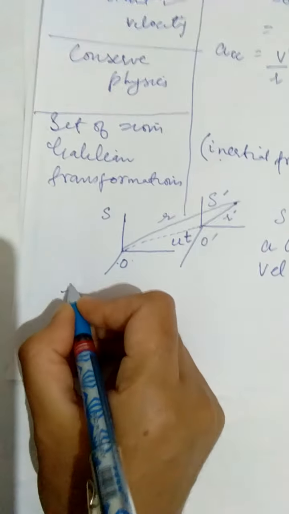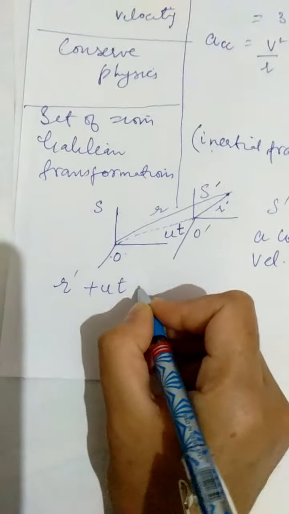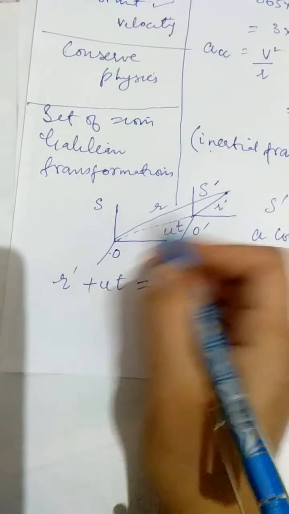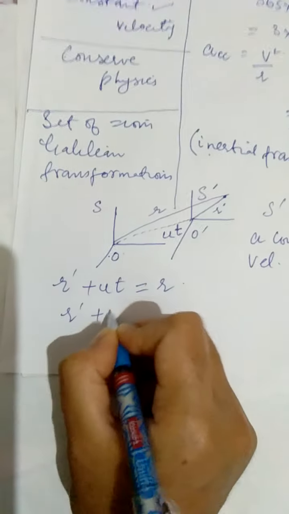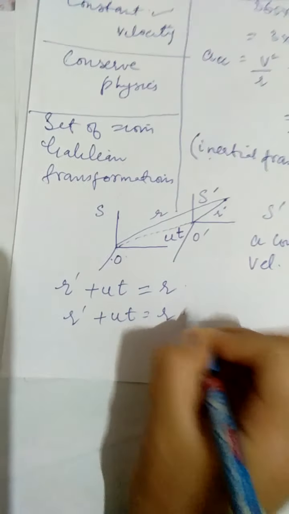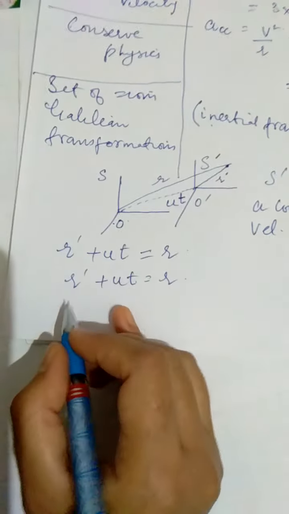So you are writing r dash plus ut. If you use the triangle law of vectors, this plus this is the resultant. So r dash plus ut is equal to r. Let us differentiate both.